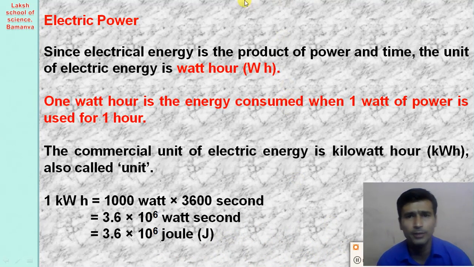Now, from the formula of electric power, P is the energy per unit time, we can also calculate the electrical energy from the electric power.